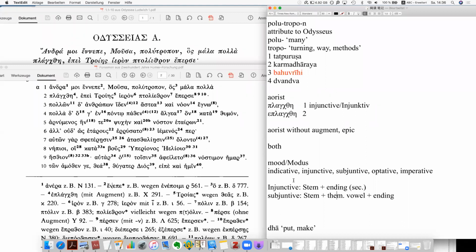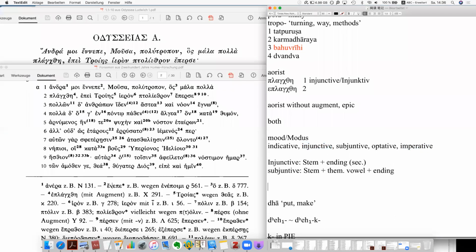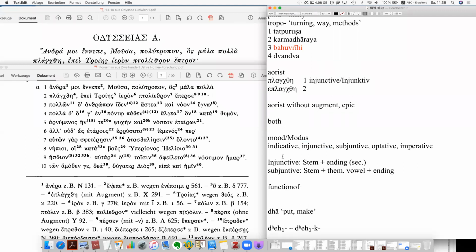So you all know about subjunctive, 虚拟语气, or optative, like 祈愿语气, and imperative, of course you know. But what is the function of injunctive?